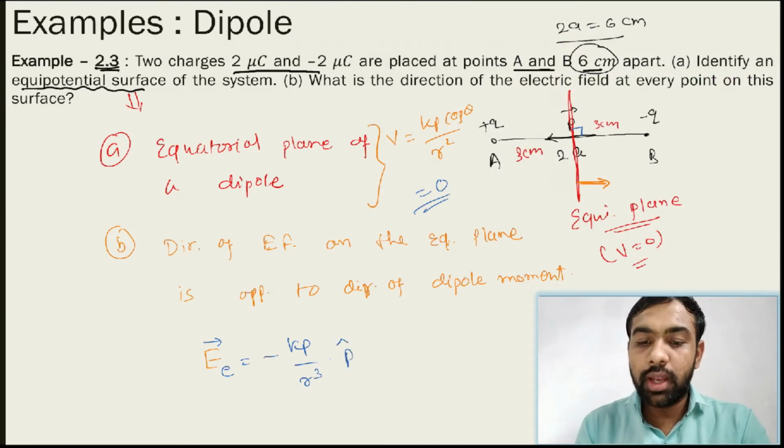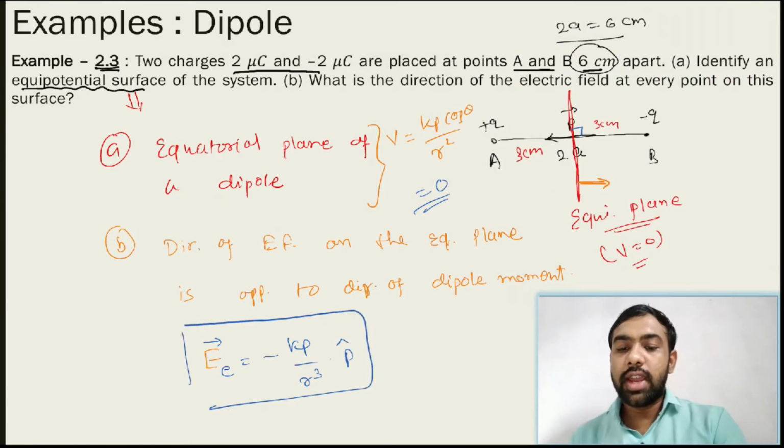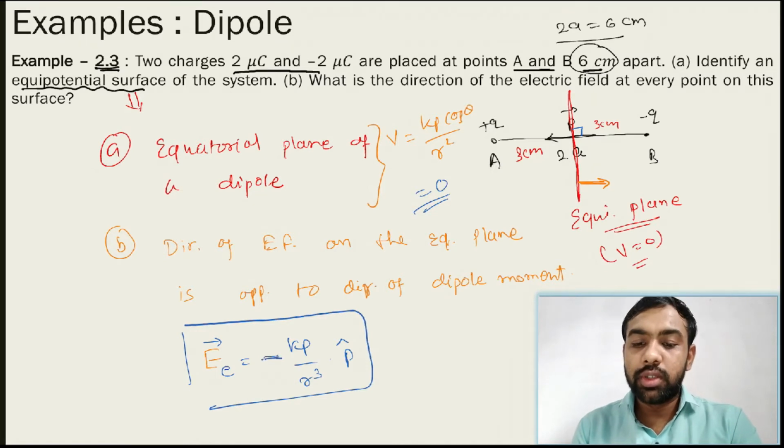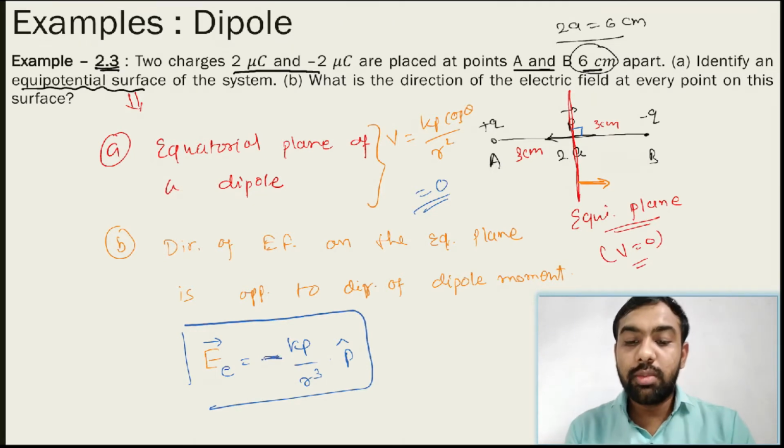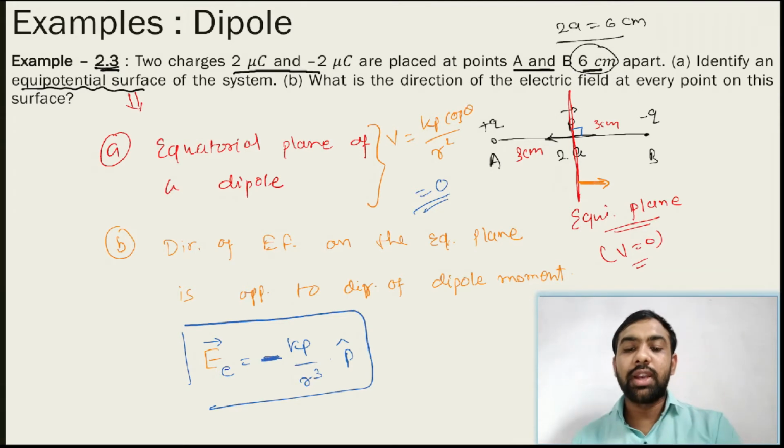Minus sign means opposite. So this is our answer: opposite to the dipole moment. All of you note this, then after we go to the next one. Let's see the next one.